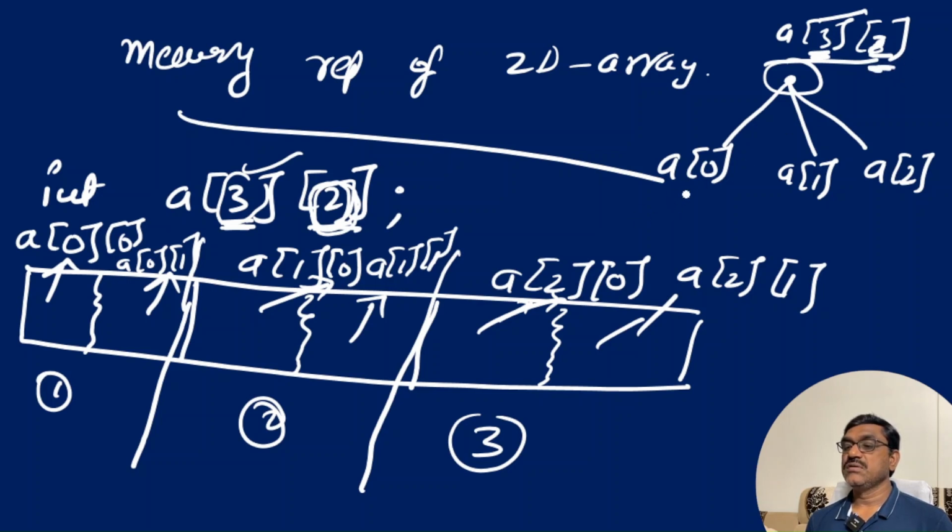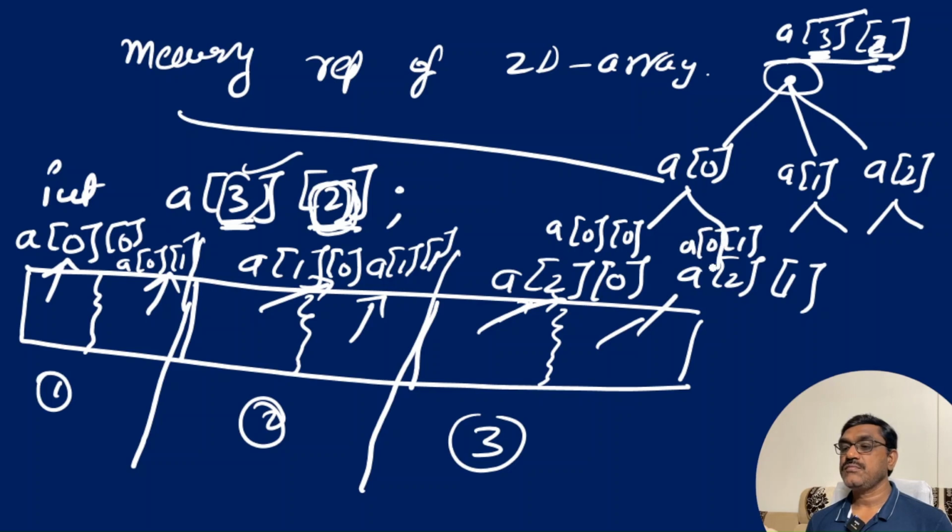Now each one, A[0], is divided into how much? Two parts. This is again divided into two parts. Again the last one is also divided into two parts. Here it is. This is the first part of A[0], that is denoted as A[0][0]. This is the second part, second means 1, we call it A[0][1].